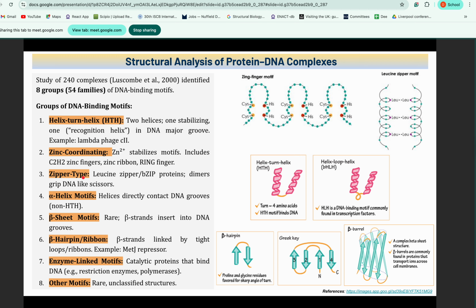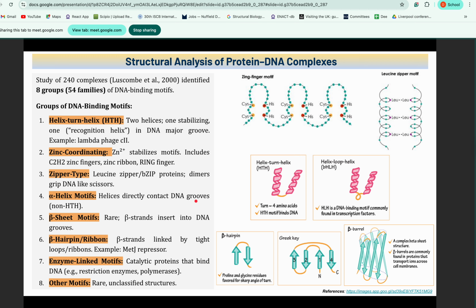Then another type is the zipper type. This is like a leucine zipper motif, in which leucine is coordinating between the 2 zippers, and this structure appears like a zipper. That's why its name is the leucine zipper. Then alpha helix motifs, in which multiple alpha helices are present.